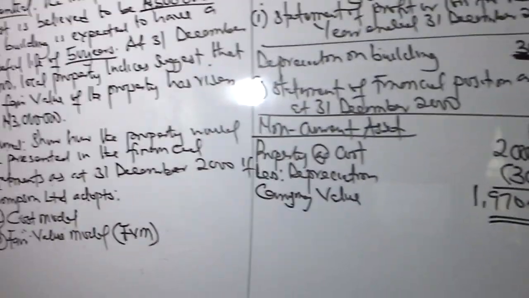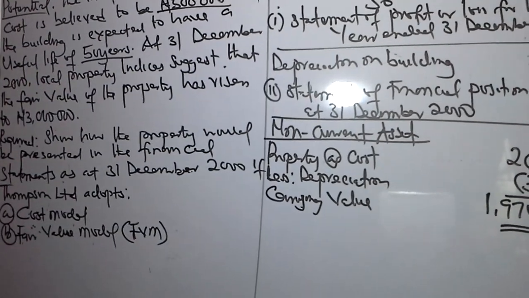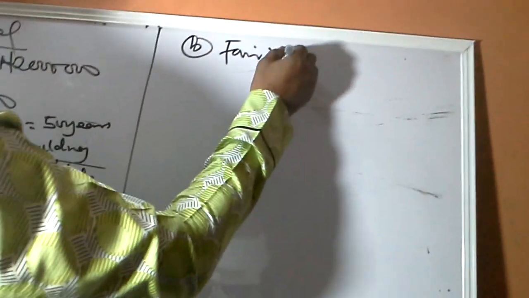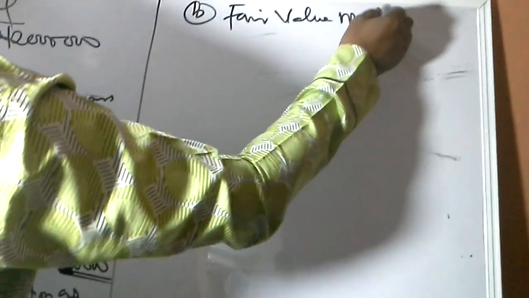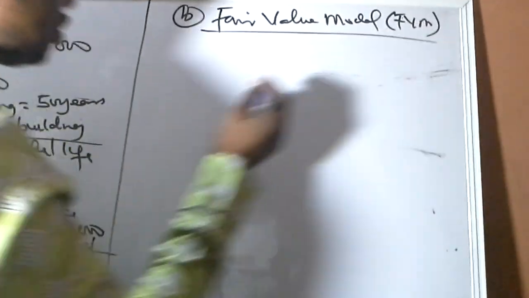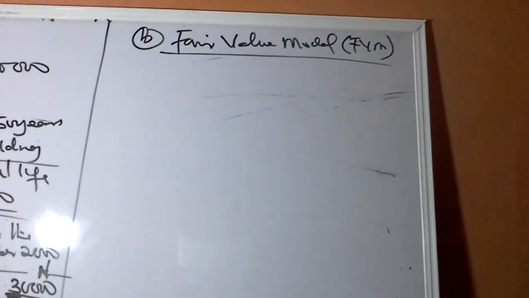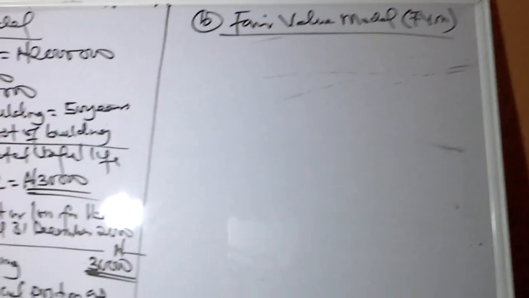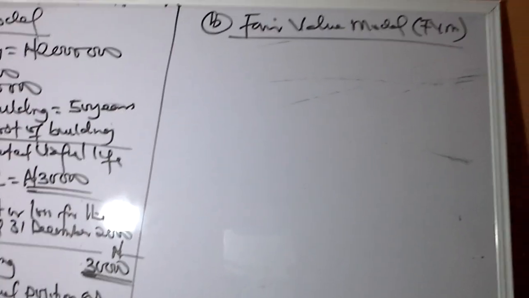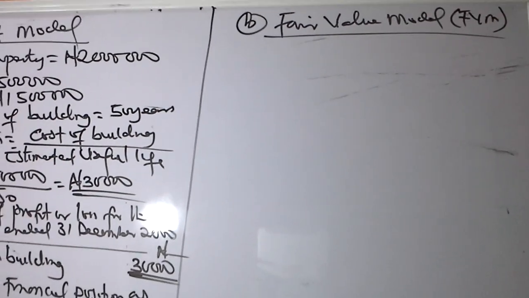B says the fair value model. So when you use the fair value model, I told you that according to IAS 40, if you are using the fair value model for your investment property, number one, there is no depreciation.